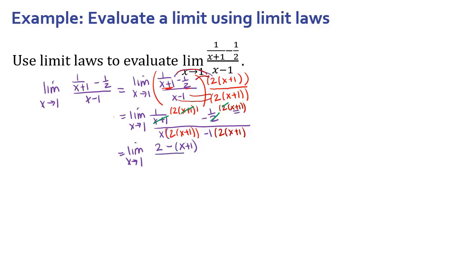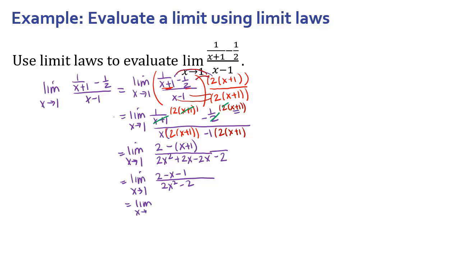And then that's going to be all over, let's see, 2x squared plus 2x minus 2x minus 2. All right, so that is going to end up giving us the limit as x approaches 1 of 2 minus x minus 1 all over 2x squared minus 2.